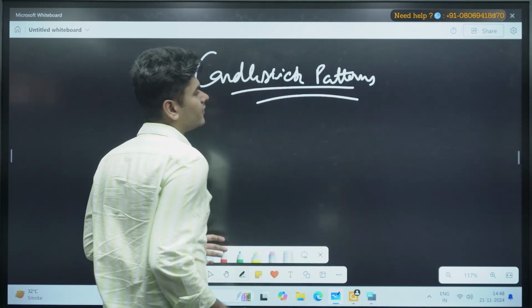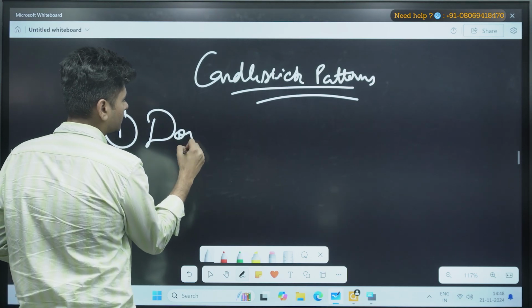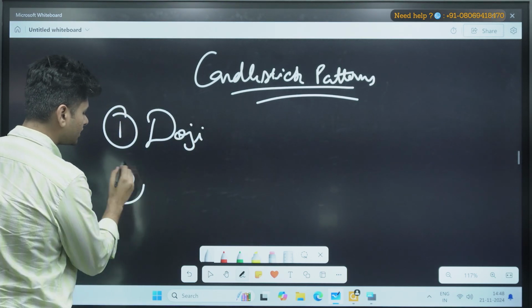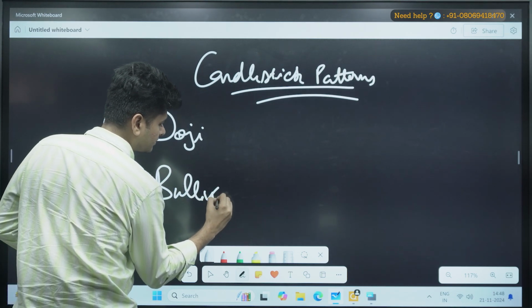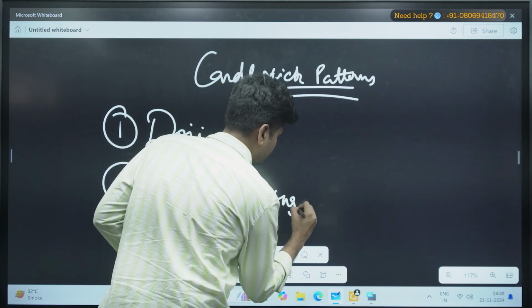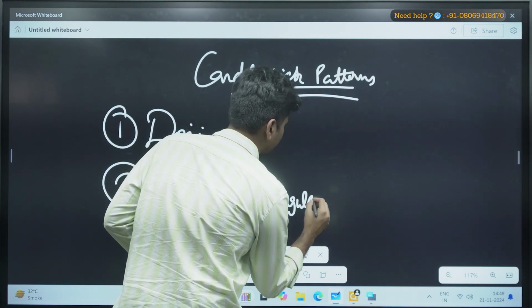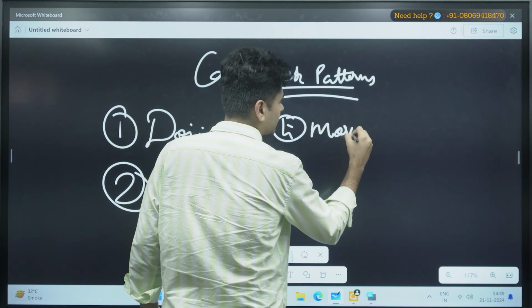What kind of candlestick pattern? Let's suppose doji, bullish or bearish engulfing, morning star or evening star.